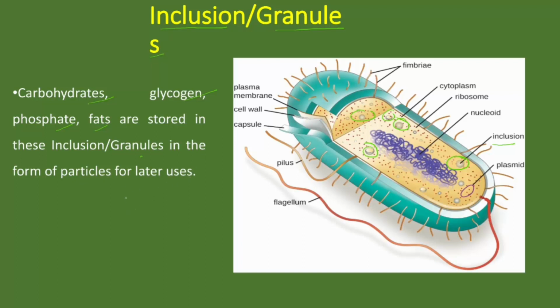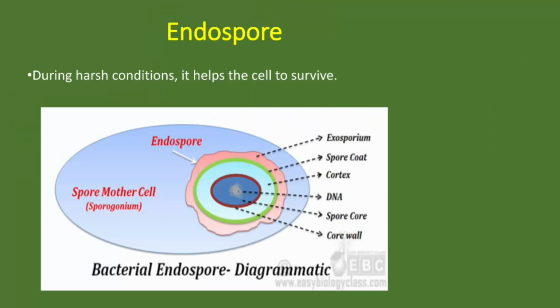You can see that there are vacuoles for this purpose in plant cells. So in the prokaryotic cell there are inclusions or granules which store the carbohydrate, glycogen, phosphate and fat for later use.